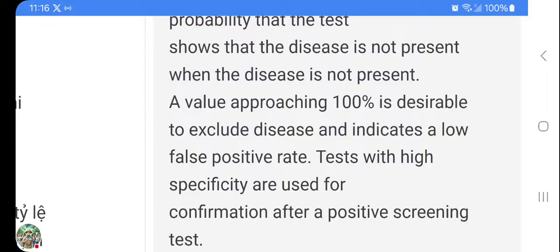So in summary, when we talk about sensitivity and specificity, we talk about columns. Sensitivity is the first column, and specificity is the second column, right? Okay. Keep that in mind.